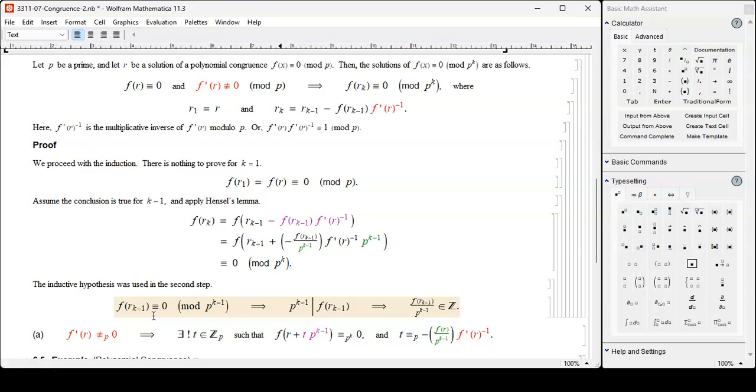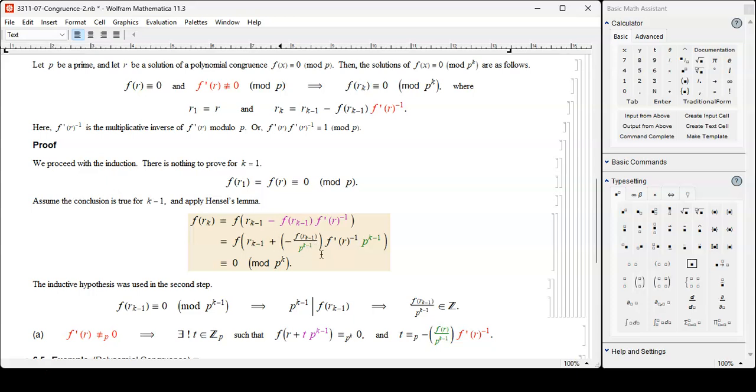So this is congruent to 0 mod p to the k minus 1 power. So p to the k minus 1 power divides f of rk minus 1. So the fraction is actually an integer. That's where we use the inductive hypothesis. So Hensel's lemma, and then force this p to the k power out and then divide.